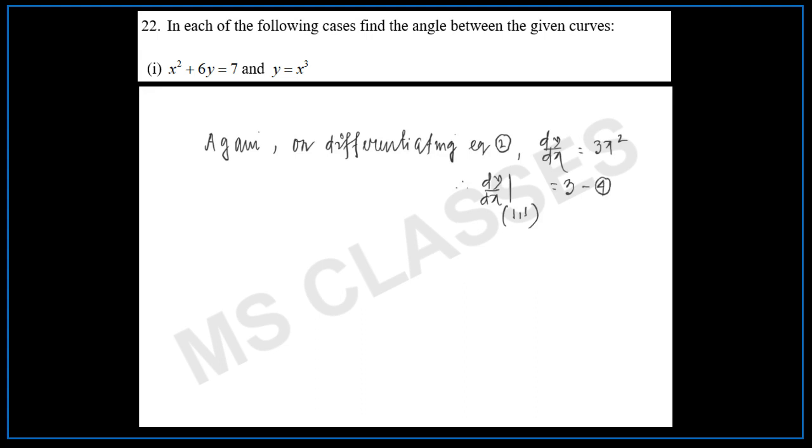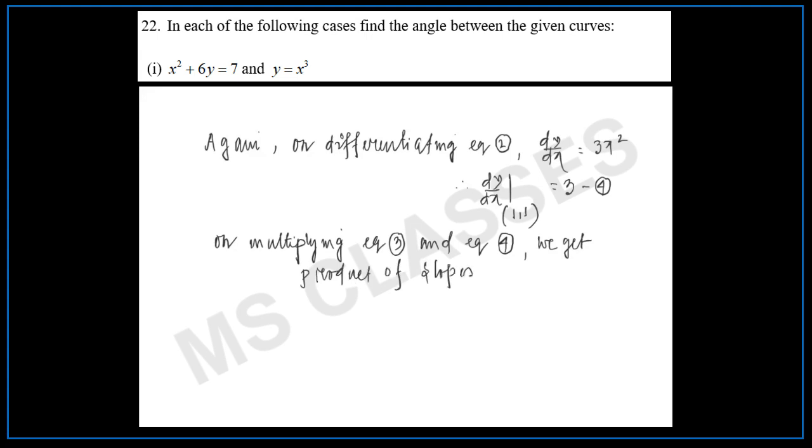Now on multiplying equations 3 and 4, basically we are trying to find the product of the slopes. We get product of slopes equal to minus 1. Therefore, curves are orthogonal.